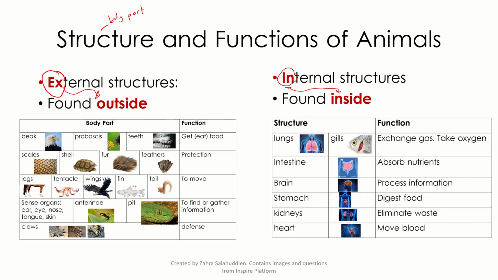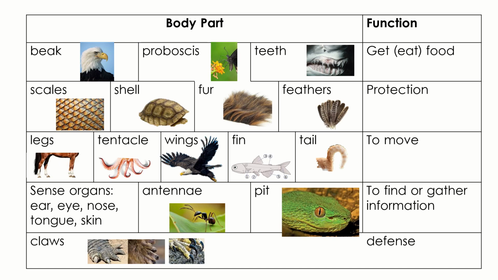Here are some examples of body parts and their function. We're going to look at each one in a little more detail. So these body parts are found outside the animal's body, so we say external. And these external body parts do different things for the animal.